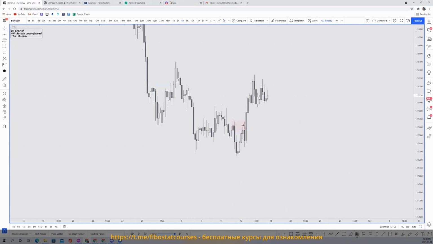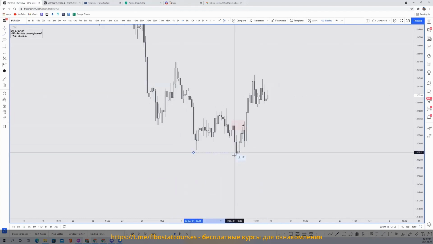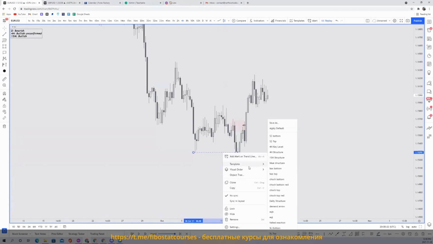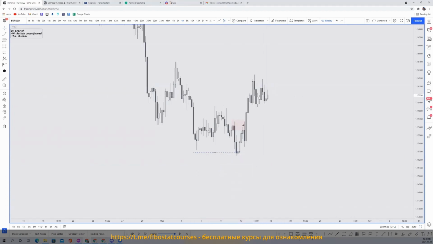If we take a look at this, we broke structure one last time here, and we ended up putting in a low one more time. And then the next thing we see is we came right back up and we took out this high.